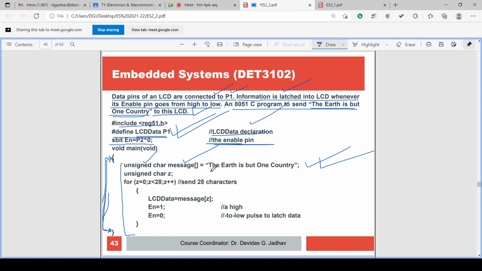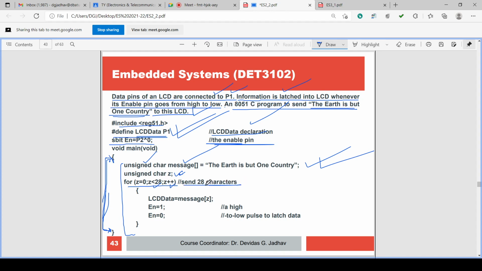Okay, 28 characters. Then there is unsigned char z, one variable z is defined, that is unsigned char, and there is a for loop used with the z variable. Initialization of z equal to 0, z less than 28 is the condition checking, and increment z is the increment of the variable.